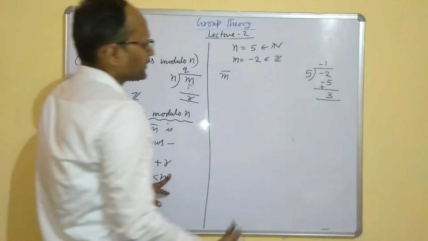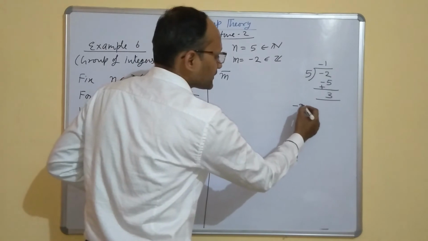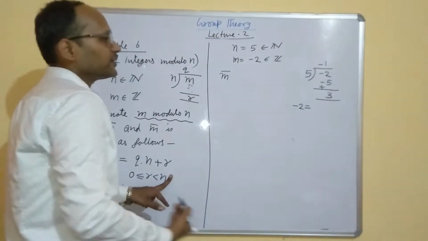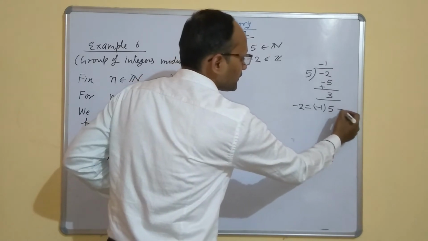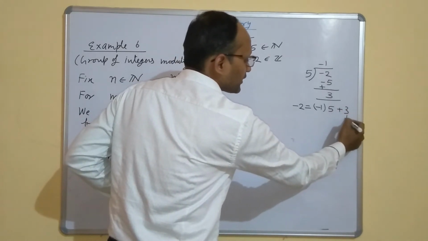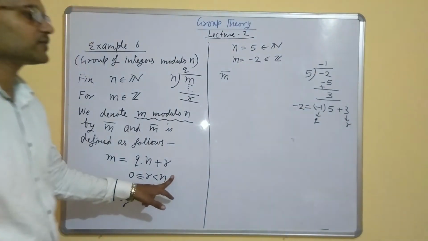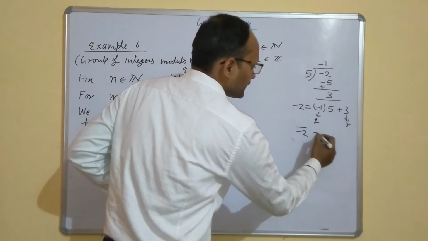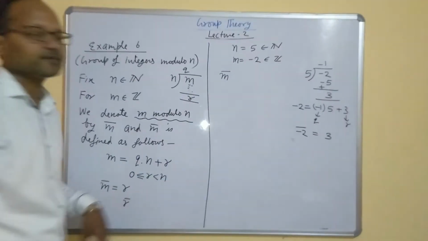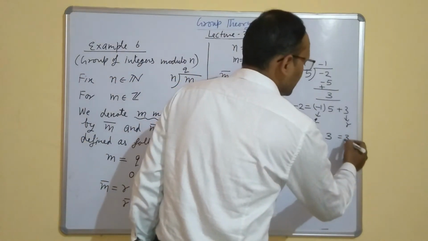So we can write m, that means minus 2, as minus 1 times 5 plus 3. So this is our r and this is our q. So it means minus 2 bar means 3. Some people also write it as 3 bar.